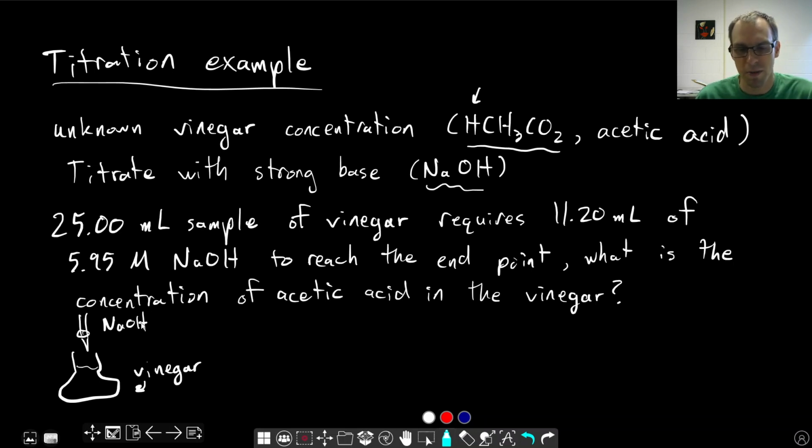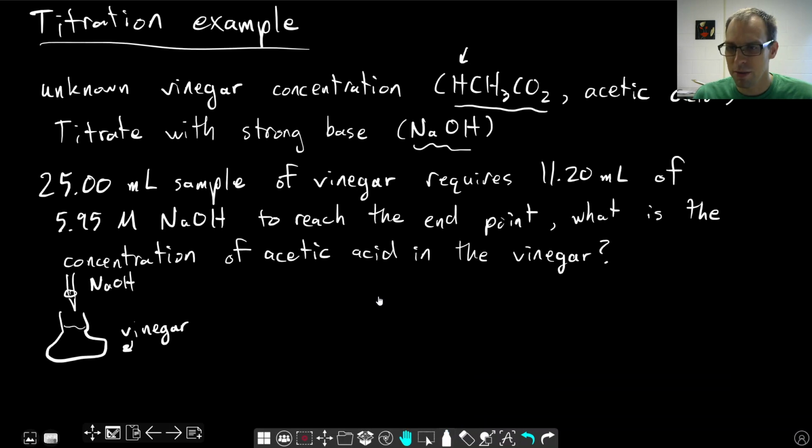So the specifics for this question are that we have 25 milliliters of vinegar that we start with, and it takes 11.2 milliliters, measured using the burette, of 5.95 molar sodium hydroxide. So we know the concentration of our titrant to reach the endpoint. And if that's true, then what is the concentration of acetic acid in the vinegar sample?